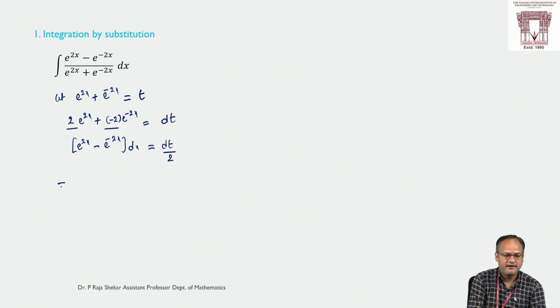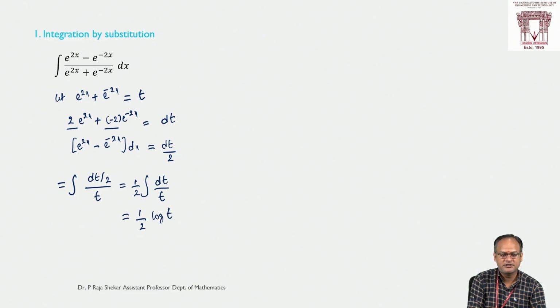So it is simply the integration where the numerator can be replaced by dt by 2 and the denominator can be replaced by t. So it is simply 1 by 2 into the integration of dt divided by t. Now it is in the form of the integration of 1 by t. What is the integration of 1 by t?